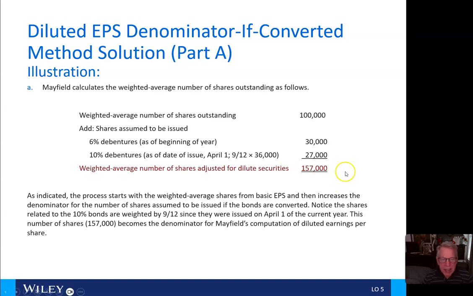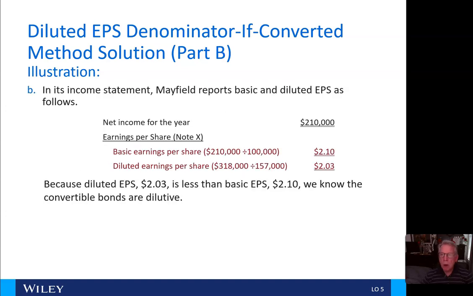So we add that together to get 157,000 weighted average number of shares adjusted for diluted securities. So I think that's clear, and we'll move on.